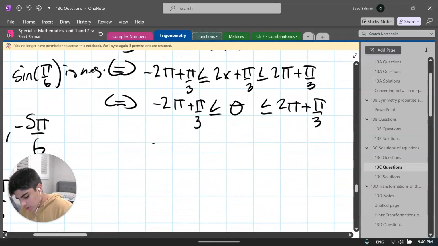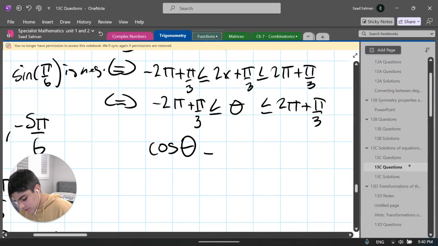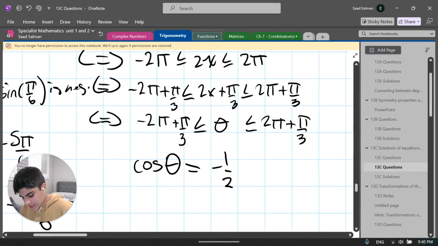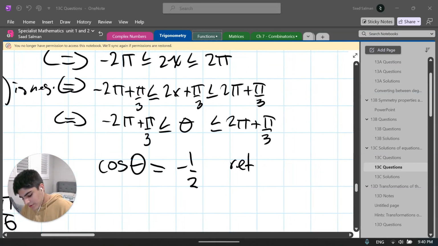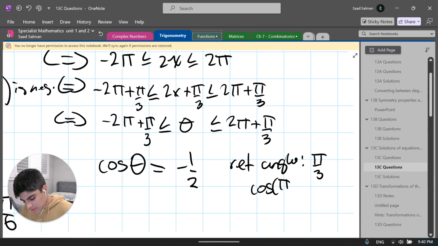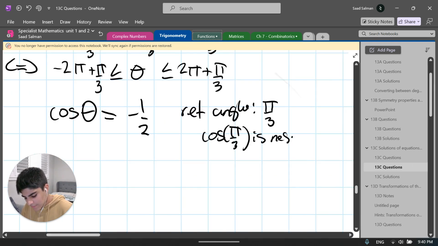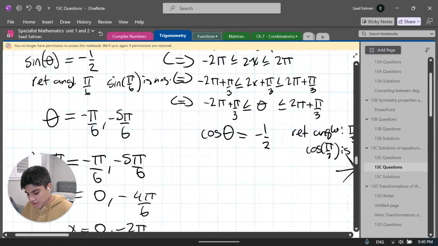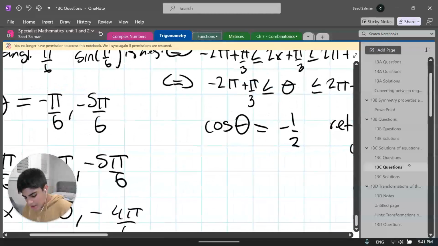Cosine theta equals negative 1/2, which makes our reference angle pi on 3, and cosine is negative in the second and third quadrants. So let's find the solutions.